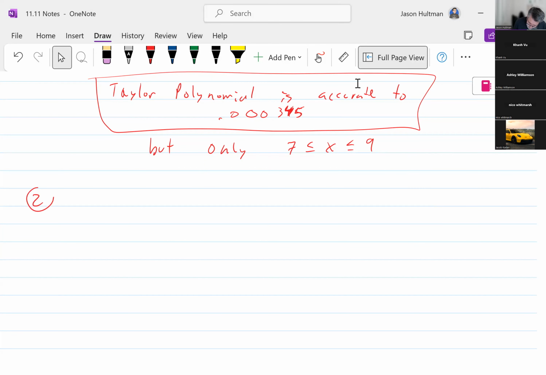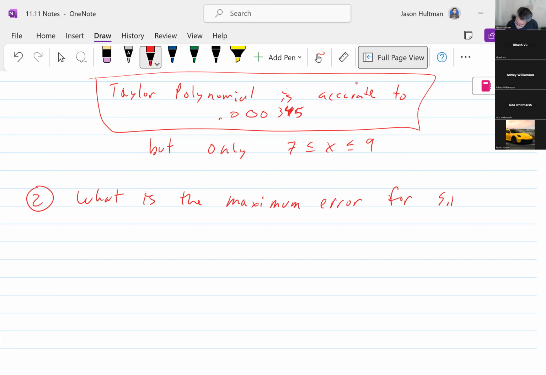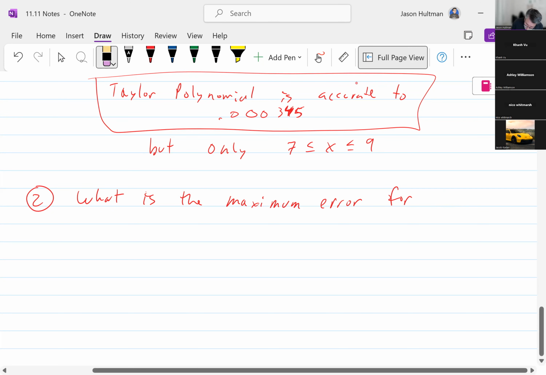Okay, number 2. What is the maximum error for the sine of x? Let me drop a line here.